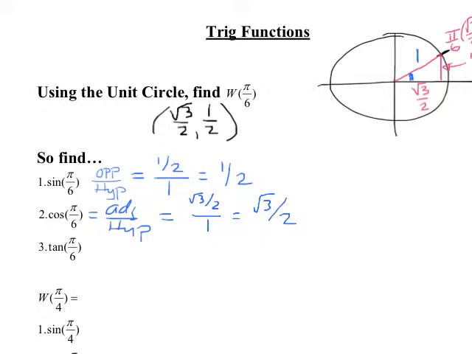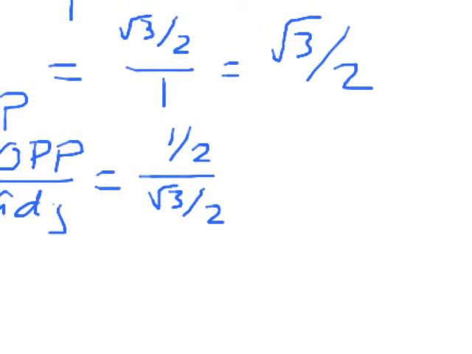Last one, let's talk about tangent. Well, remember tangent is equal to opposite over adjacent. Well, opposite, as we've already said, is equal to 1/2. Adjacent is equal to root 3 over 2. So let's manipulate this just a little bit here.